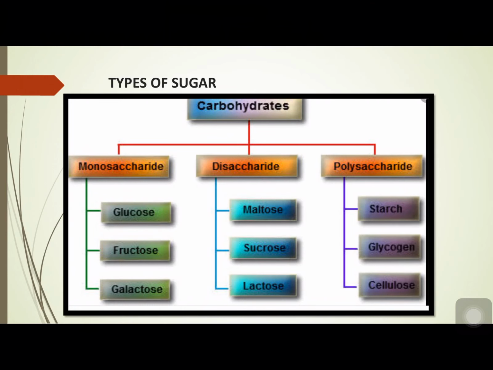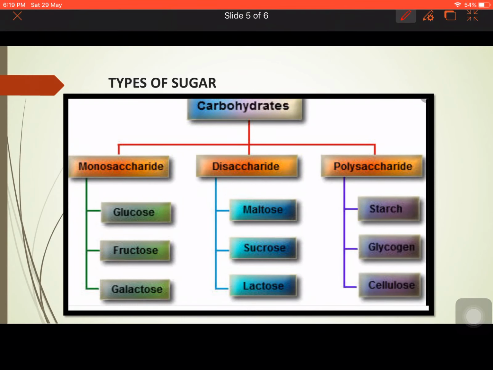Now this is what we have discussed in the previous slide: carbohydrates, monosaccharide, disaccharide and polysaccharide. Monosaccharides I have told you are glucose, fructose and galactose. And disaccharides I have told you are sucrose, maltose and lactose. Sucrose is a combination of glucose and fructose.